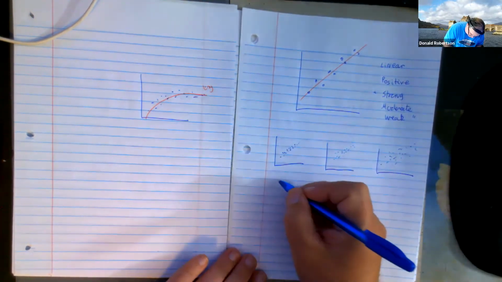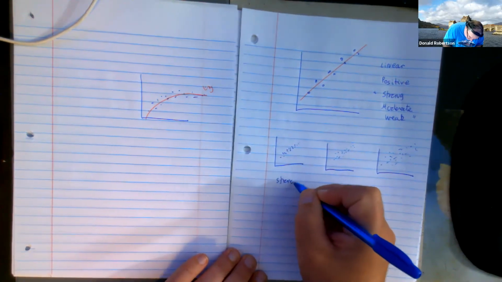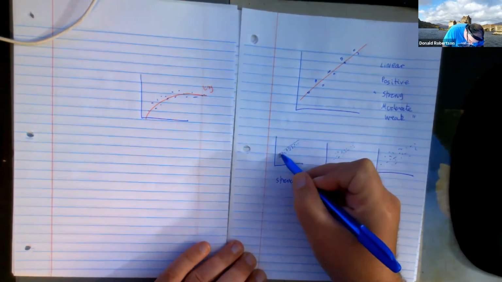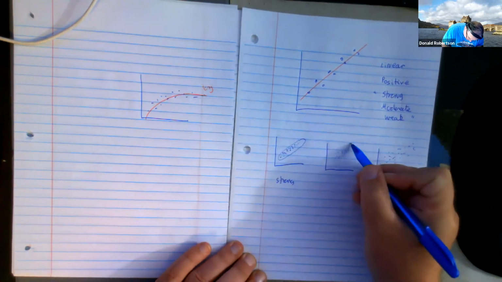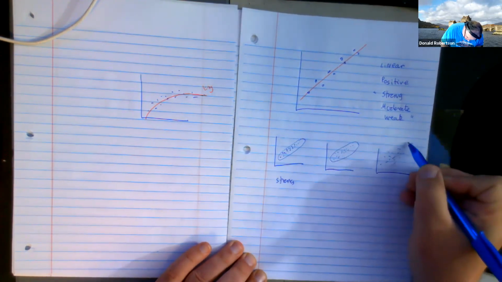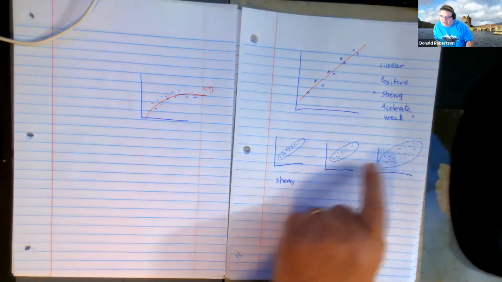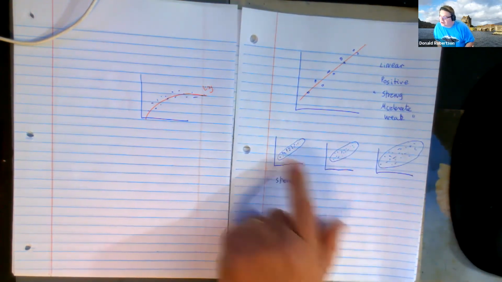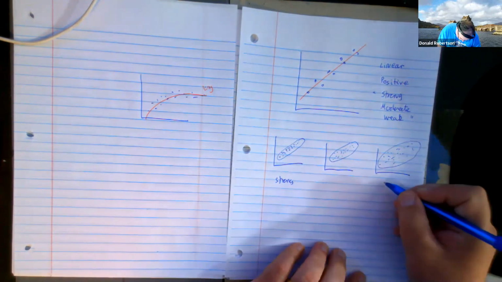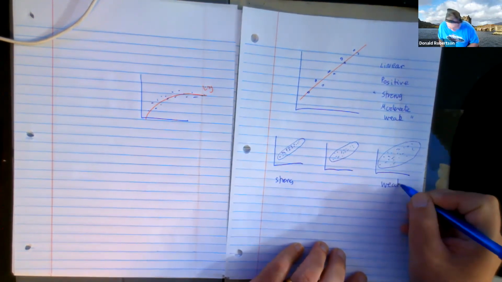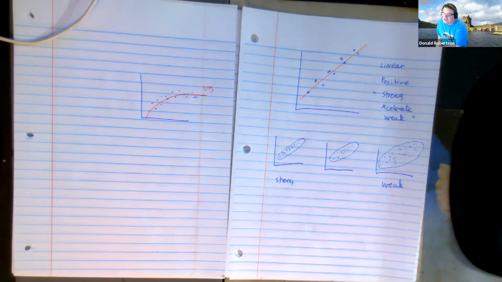Now, the way I do it is I imagine a sausage going around the data. Fat sausages are weak and skinny sausages are strong. And the moderate one is kind of halfway between those two extremes.